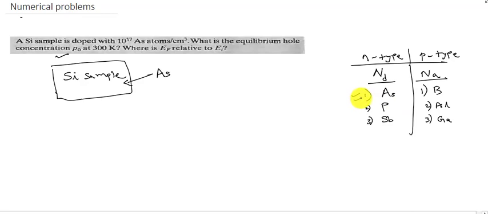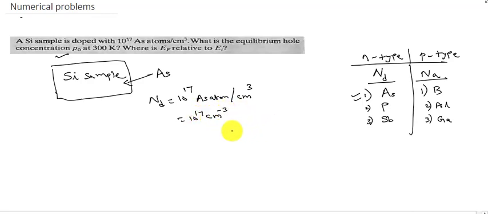Here the doping concentration is arsenic, so that is the donor concentration. The value given for the donor concentration is 10 raised to 17 arsenic atoms per centimeter cube, or we can simply write it as 10 raised to 17 centimeter raised to minus 3.